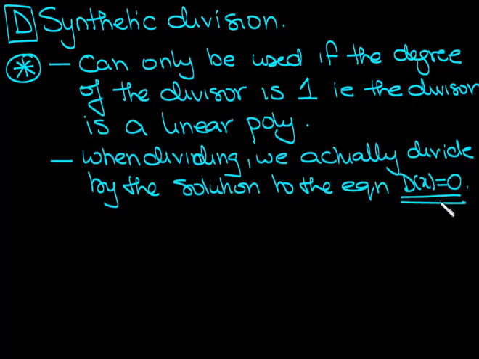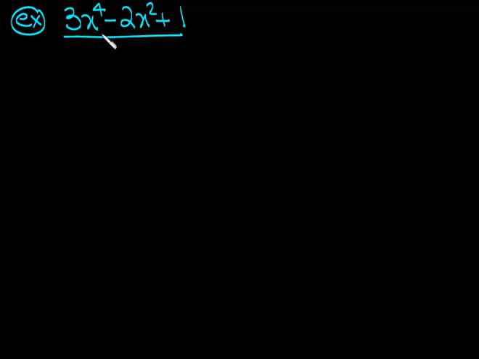So that's what synthetic division is. Let's take a look at an example. If I have 3x to the fourth minus 2x squared plus 1 divided by x plus 2, the degree of the divisor is 1, so I can use synthetic division. The way we do synthetic division is this. We do not work with the variables.